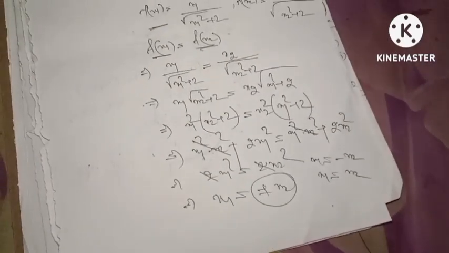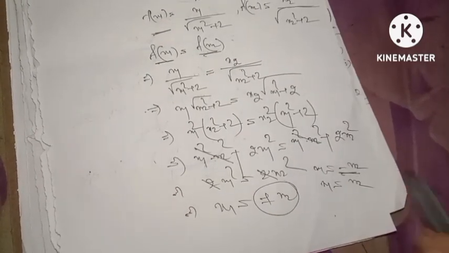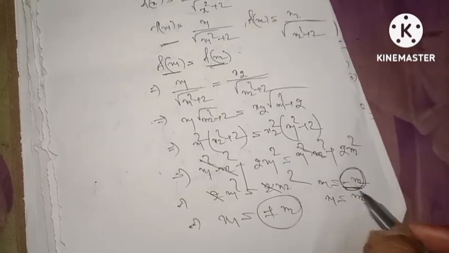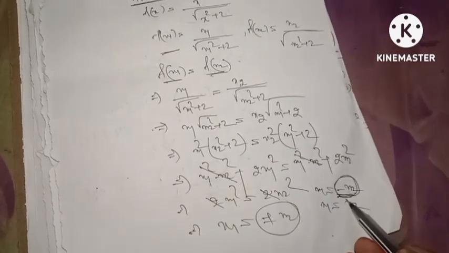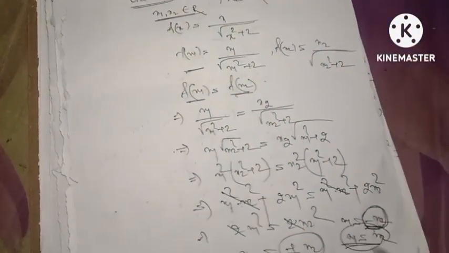What is the meaning? It means there are two cases, one negative and another positive. The negative case is not required, because when you put the negative, it does not exist in this case. So x1 will be x2.